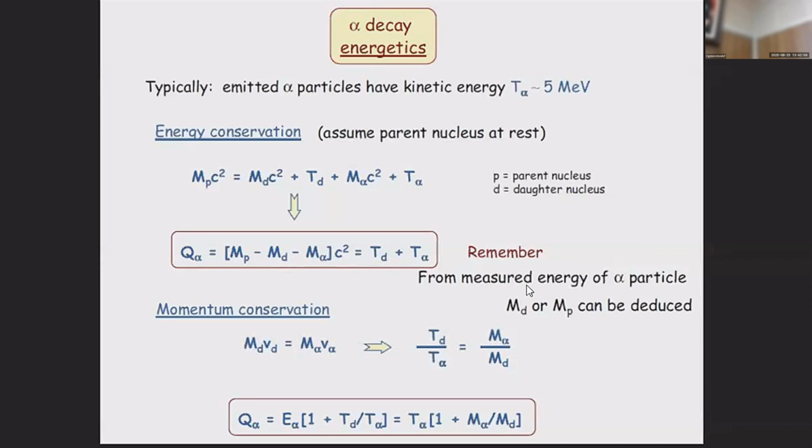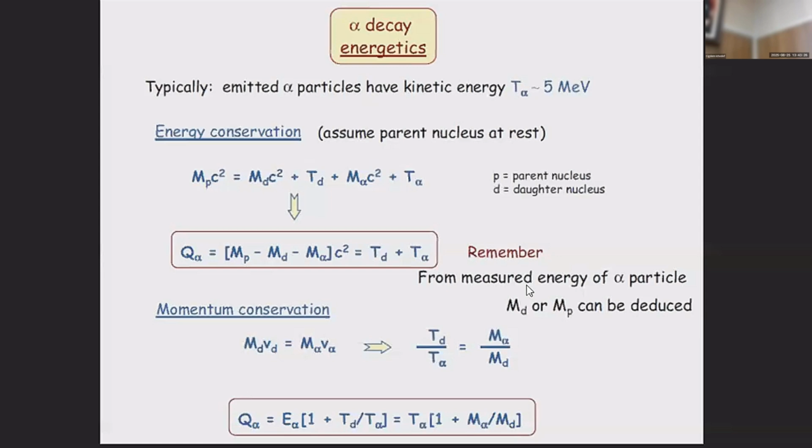It could be a tumor or a cancer, anything, or it can be a wall. But you know the energy, you know the mass of the alpha particle. Therefore, you can calculate the transmission coefficient, so how deep it can penetrate in a sample.